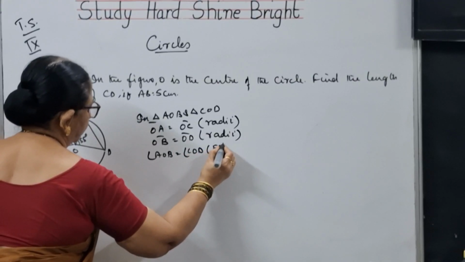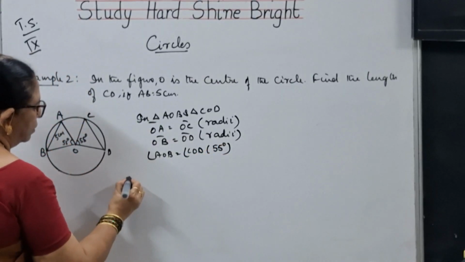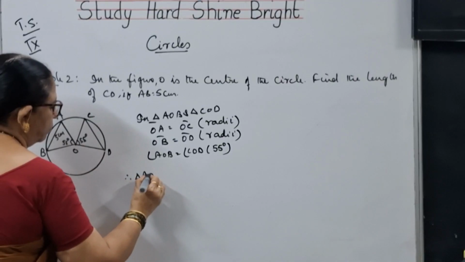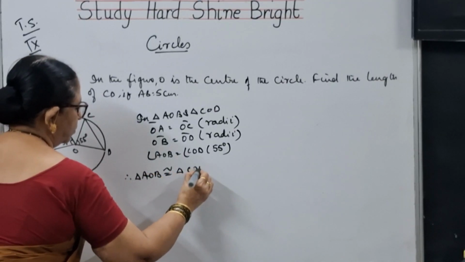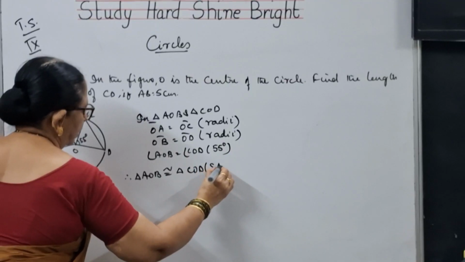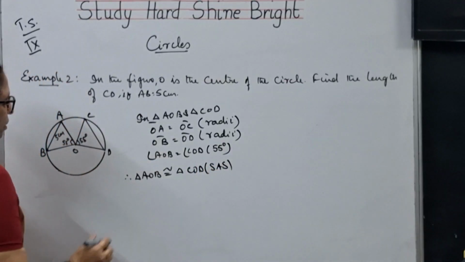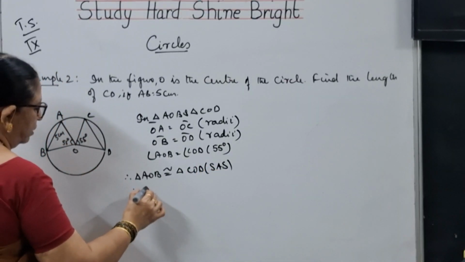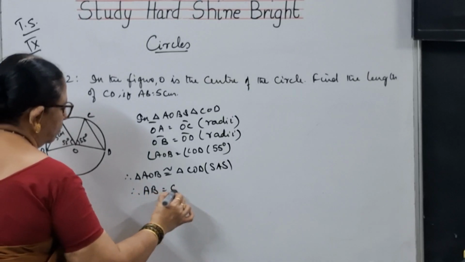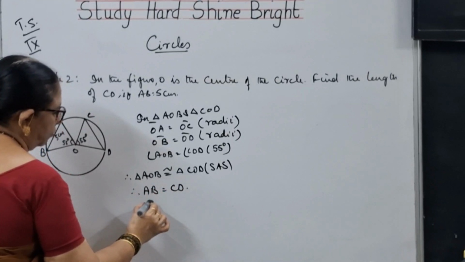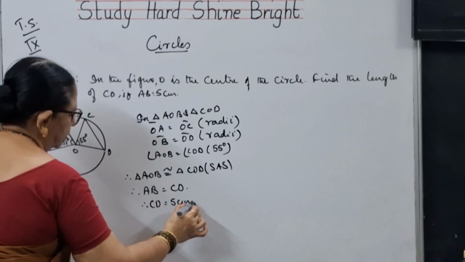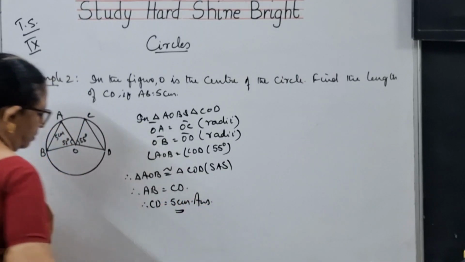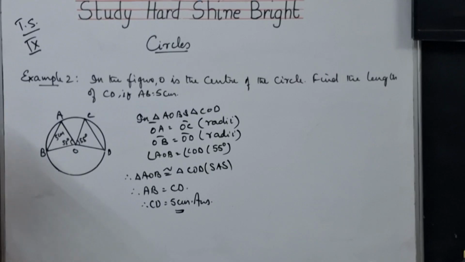They have given both of them as 55 degrees. Therefore, triangle AOB is congruent to triangle COD basing on side angle side property. When they are congruent, AB will be equal to CD. Therefore, CD is also equal to 5 centimeters. This is the answer, children. Very simple one. Please note it down.